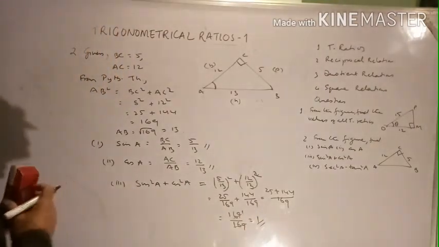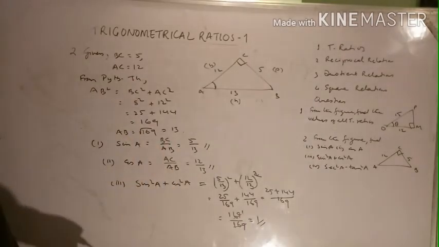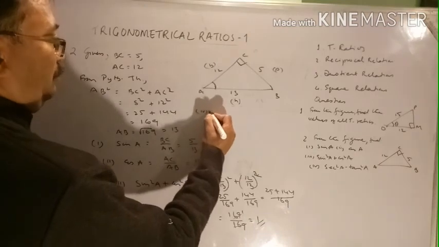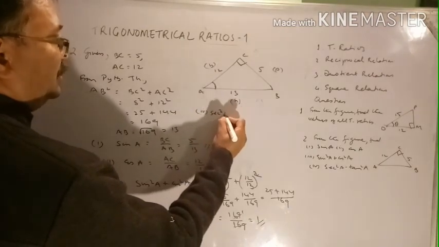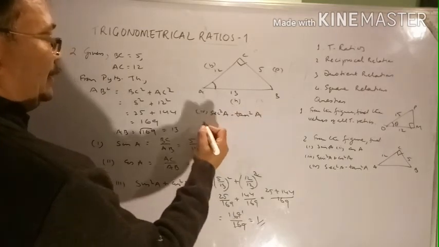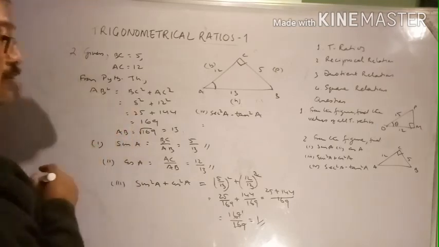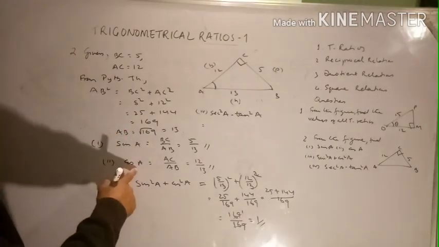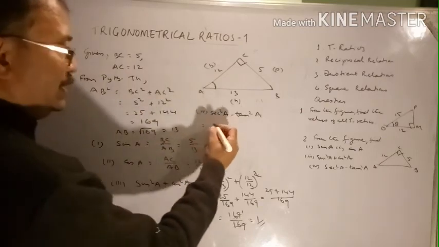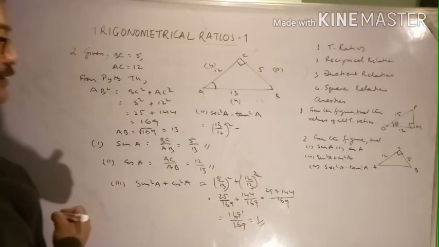Now the last part, number 4: sec square A minus tan square A. Now sec A is the reciprocal of cos. So cos A is equal to 12 by 13, which means sec A will be 13 by 12, whole square.